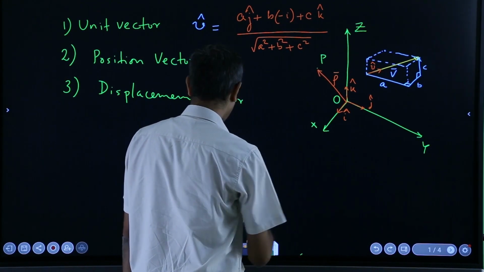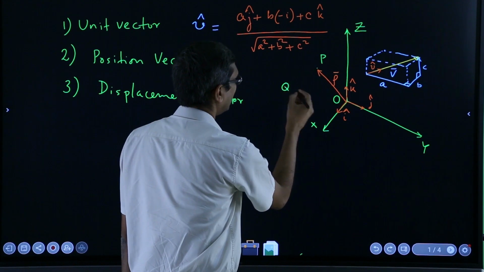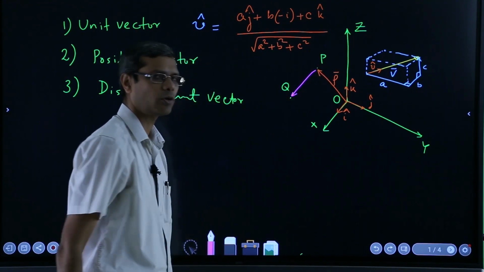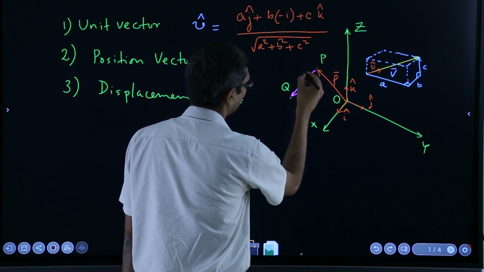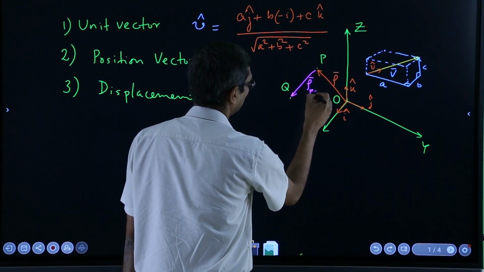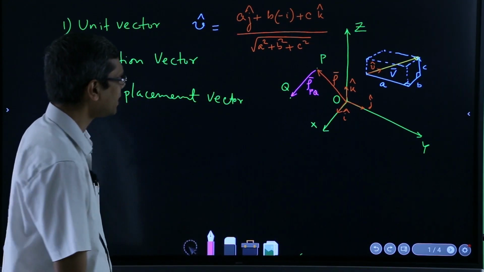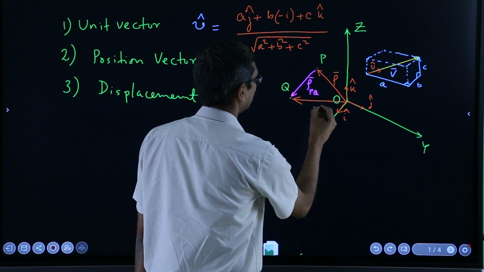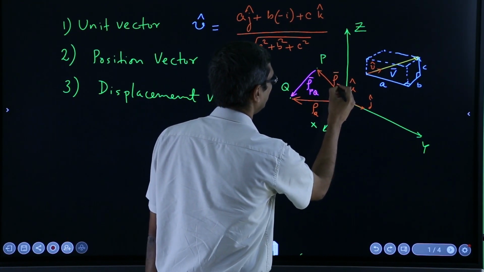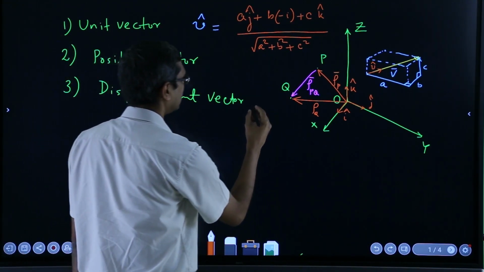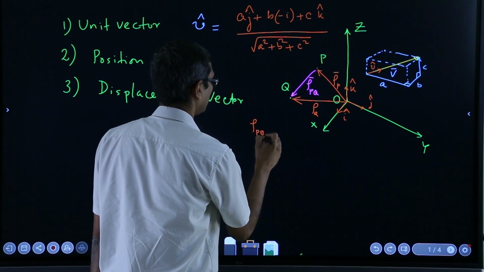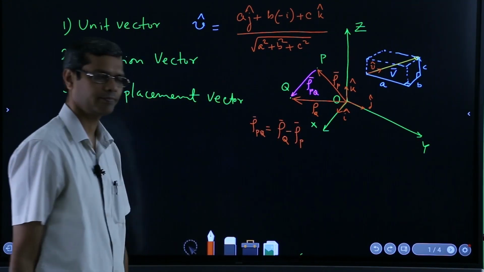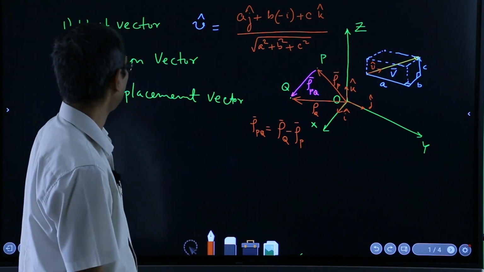Suppose there is the point P and you have another point, say Q here, and this vector P to Q is the displacement vector from P to Q. So, we can denote that by rho P Q. Now, that will be given by, if you have the position vector of Q here and the position vector of P here, you will get the displacement vector rho P Q equal to rho Q minus rho P. So, that is how you will define the displacement vector.